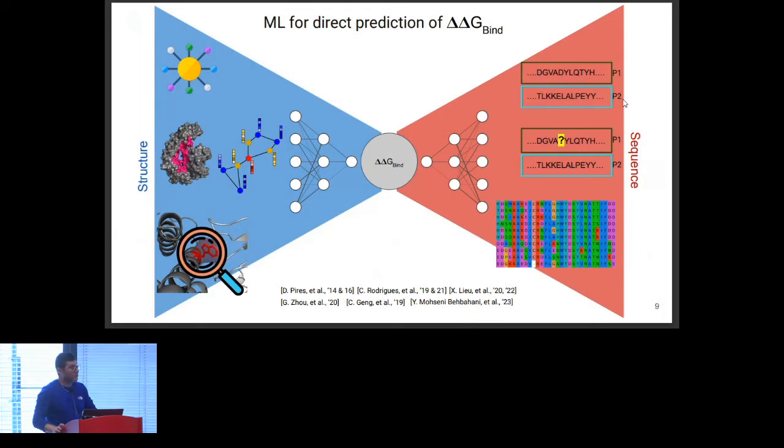So how about calculating the changes of the binding affinity directly using machine learning algorithms? For this, we can rely on both structure and sequence-based information. There are some approaches that use one of them or both of them.